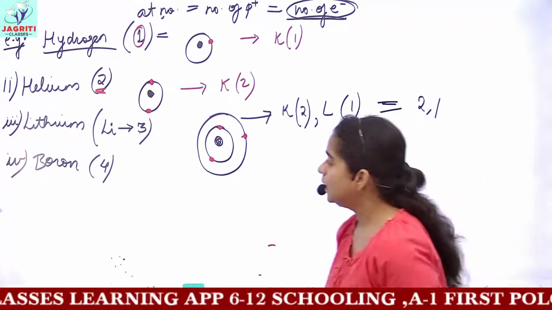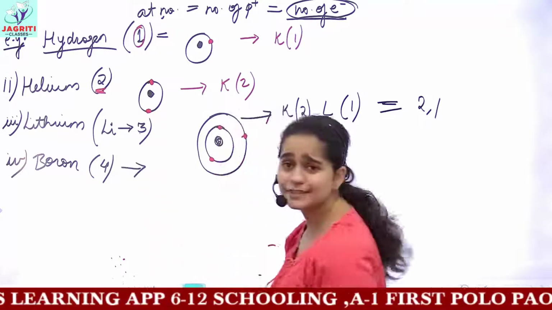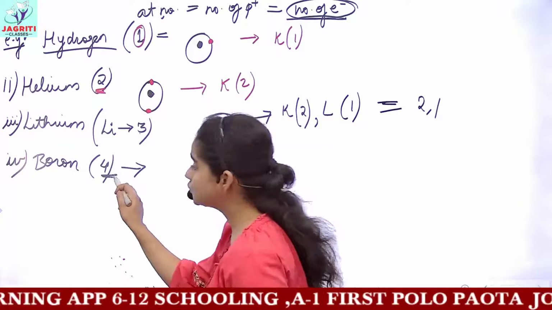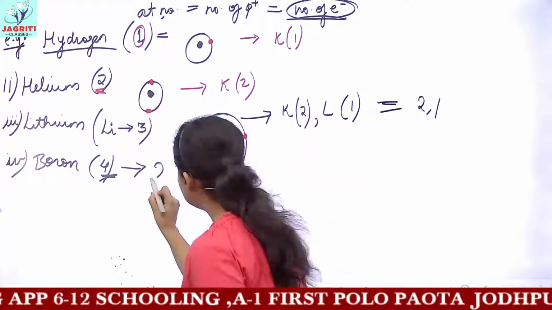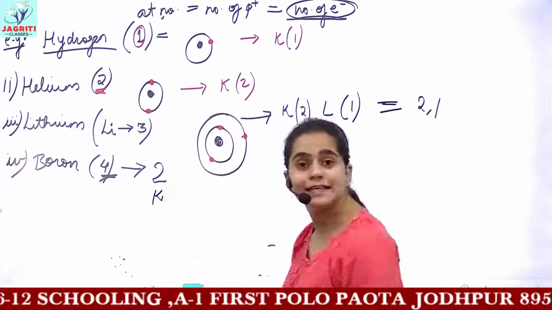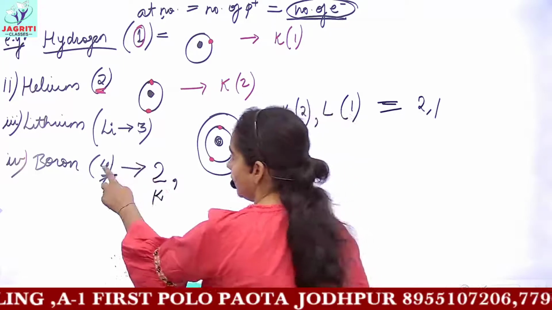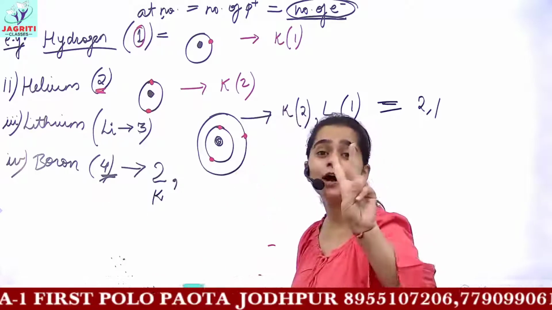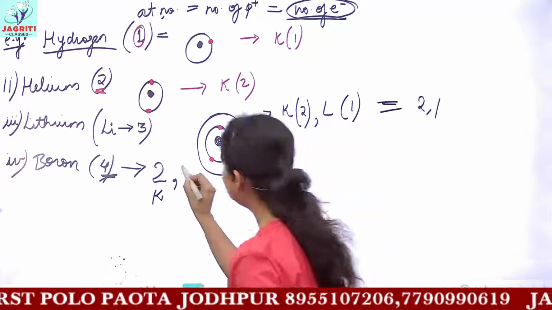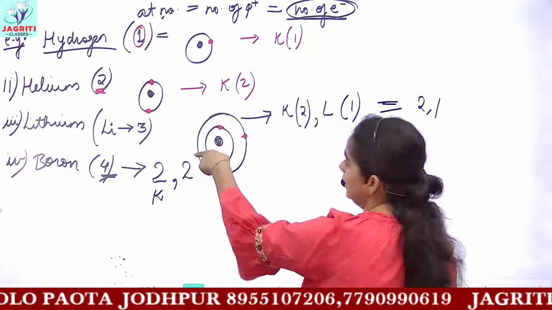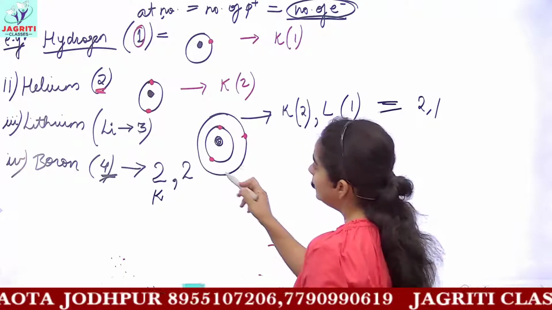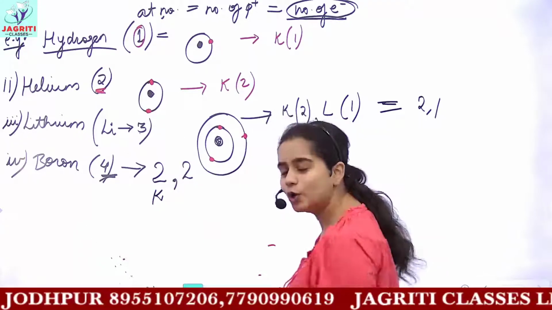Now I am not drawing the structure for boron. We have to arrange 4 electrons. The first 2 electrons will come in your K shell. Then after arranging 2 of the 4, you are left with only 2 electrons, so the remaining 2 will come in your L shell. If I make one more dot here, then it would be the structure for boron.